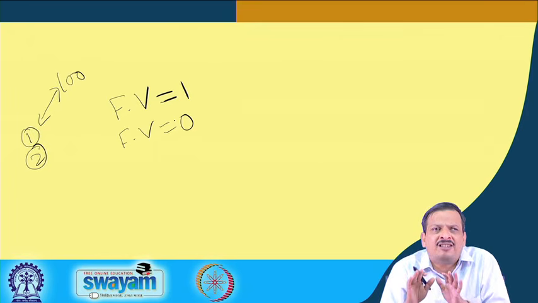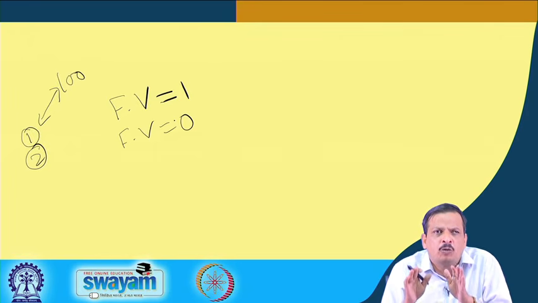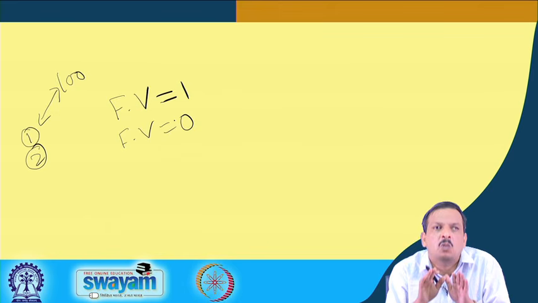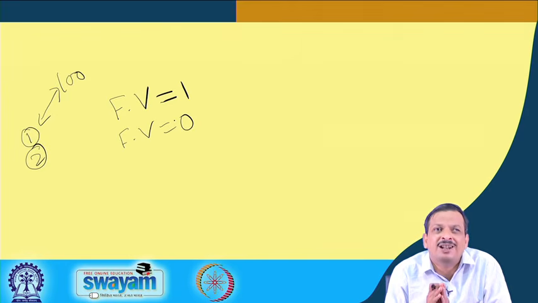So the interpretation is, if all 100 students give the correct answer, the question is very easy and the facilitation value is 1. If none of the students gives the correct answer, the question is very difficult.